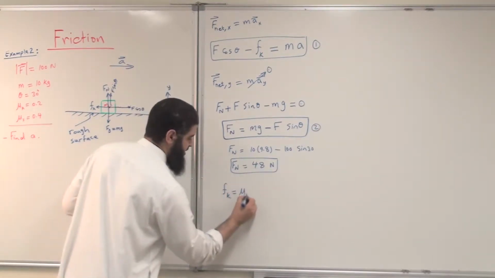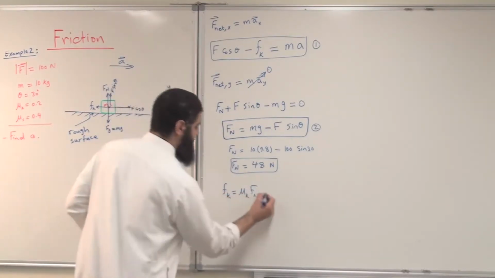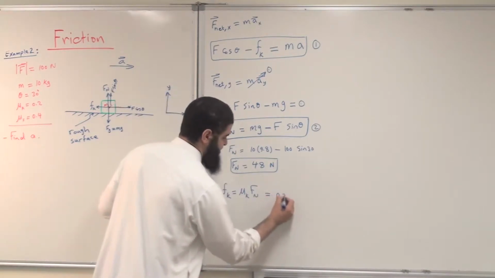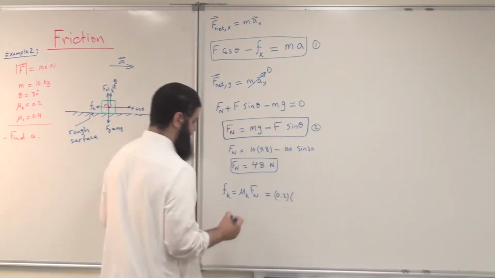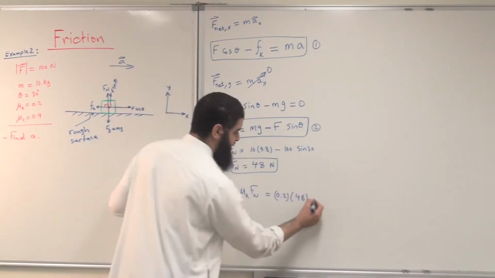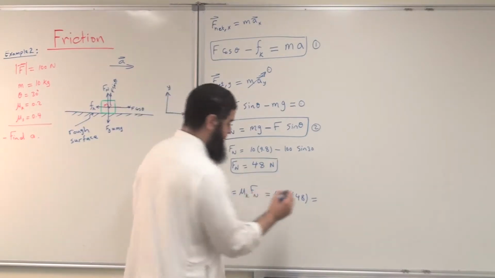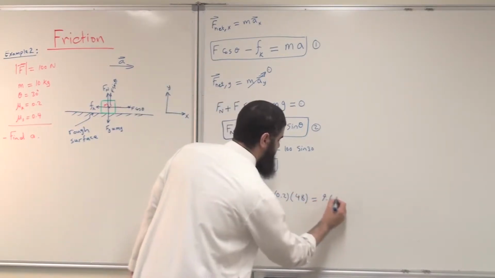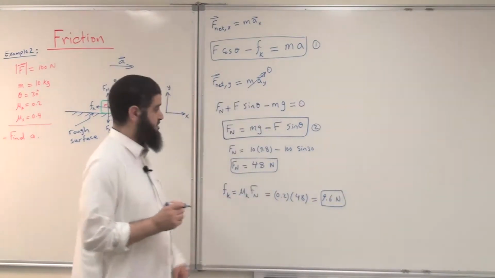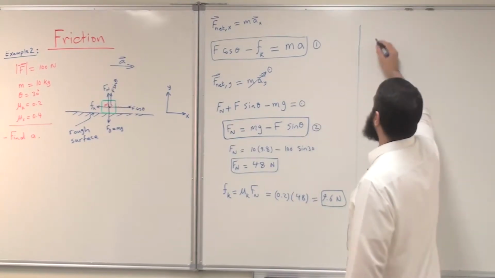Keeping in mind that Fk equals mu k multiplied by the normal force, and the normal force is 48, and mu k is given to be 0.2, this will be 0.2 multiplied by 48 newtons. This will result in a magnitude of 9.6 newtons for the friction force. Now I go back to the first equation here.